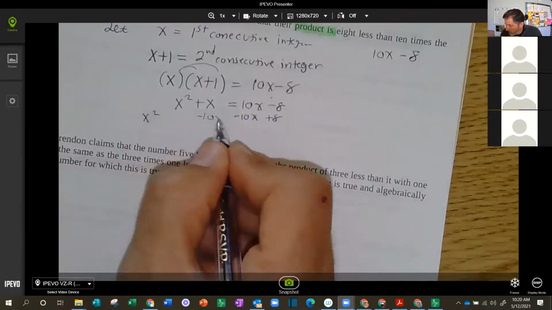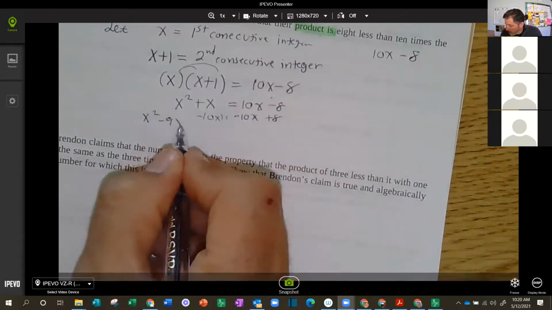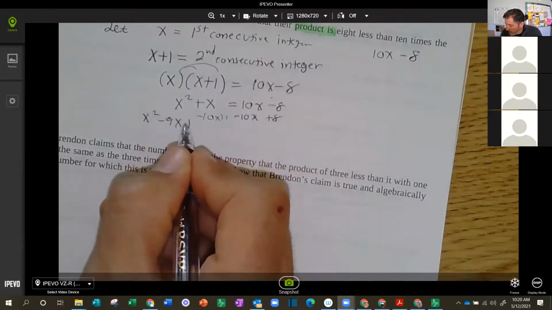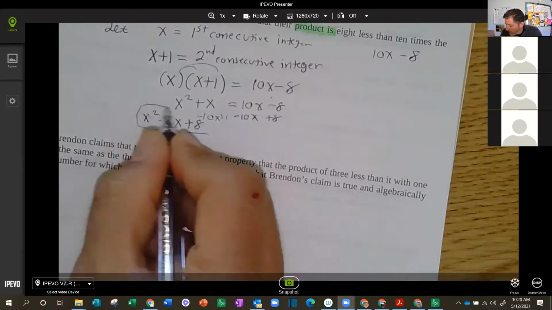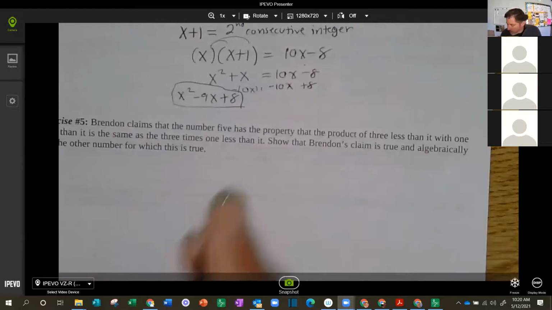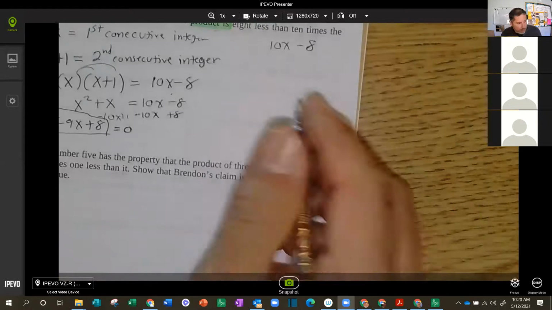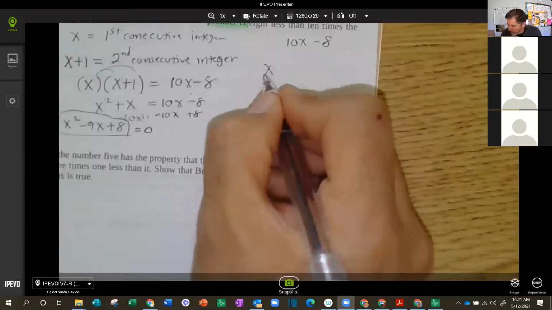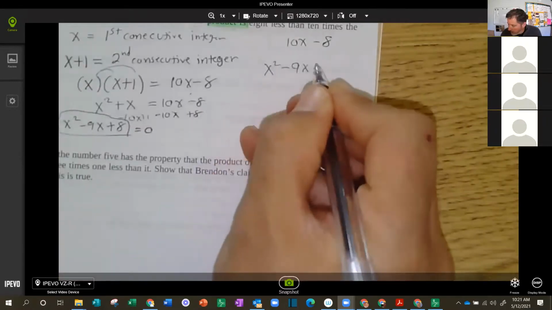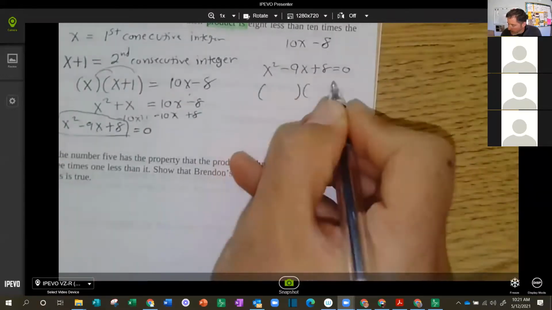This is minus 10x plus 8. So this is negative 9x plus 8. All right. Now we're going to set this equal to 0 and solve for it. All right, let's do that over here. So we have x squared minus 9x plus 8, set it equal to 0.